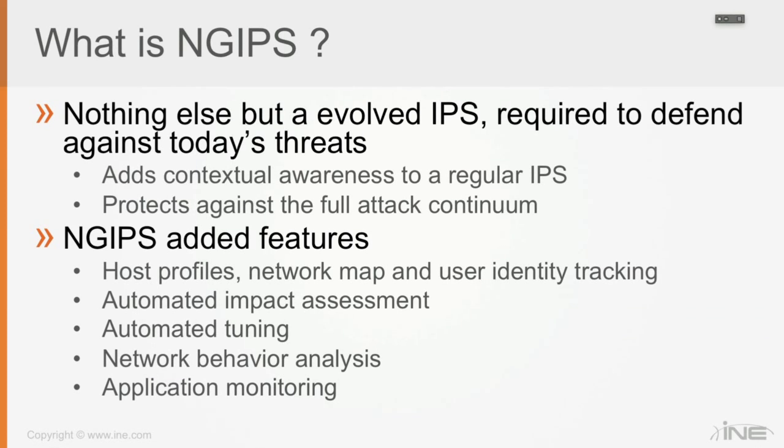You would want automated impact assessment, so the IPS automatically does an assessment of the impact of that traffic. Automated tuning, so you would want the IPS to do a lot of learning by itself. Network behavior analysis, so to do network analysis as well.